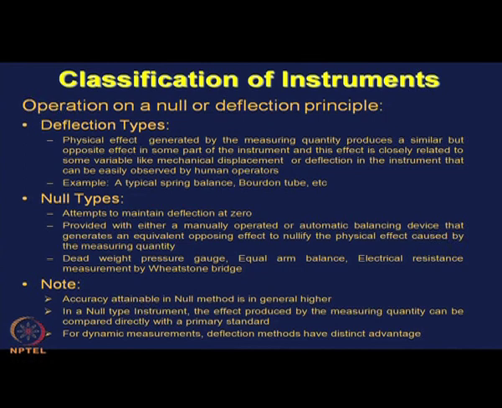Deflection type instruments, the physical effect generated by the measuring quantity produces a similar but opposite effect in some part of the instrument, and this effect is closely related to some variable like mechanical displacement or deflection in the instrument that can be easily observed by human operators.